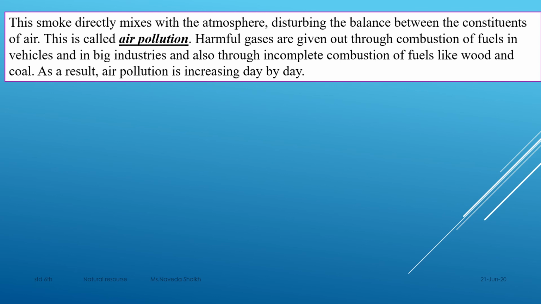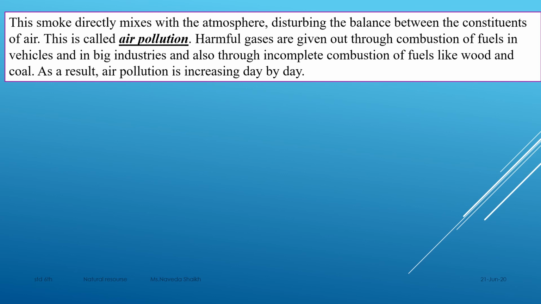Now, harmful gases are given out through combustion of fuels in vehicles, in big industries, and also through incomplete combustion of fuels like wood and coal. Means if the coal or wood does not burn completely, they give out harmful gases, which are extremely dangerous for us, which leads to air pollution.